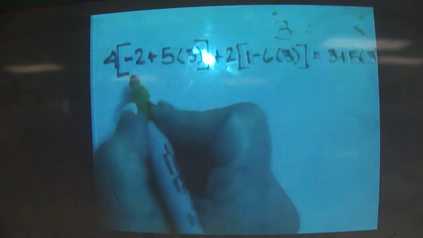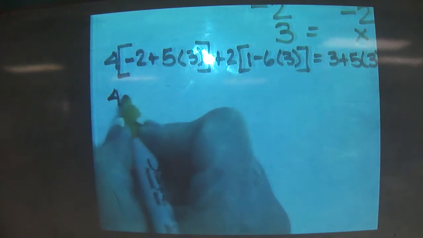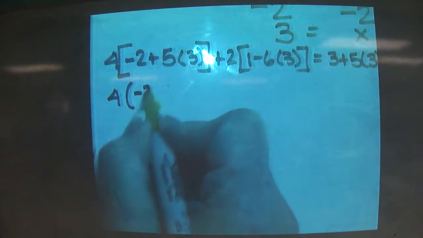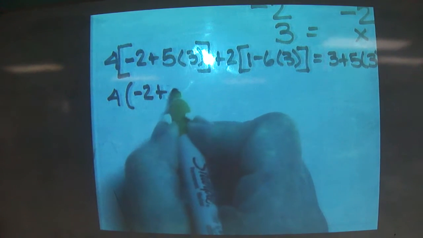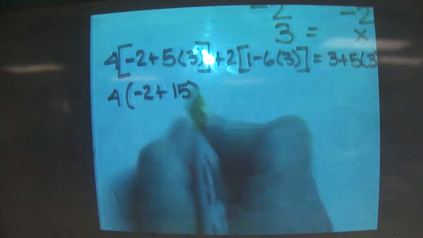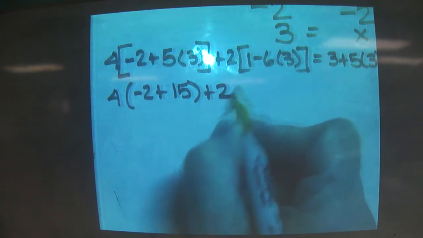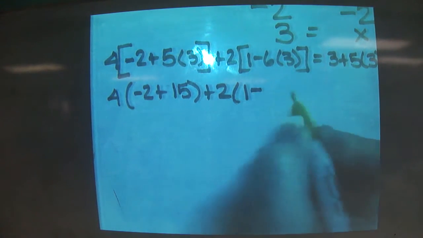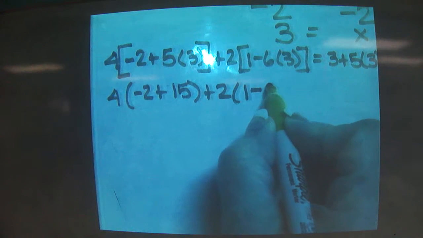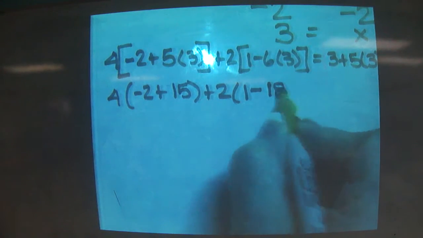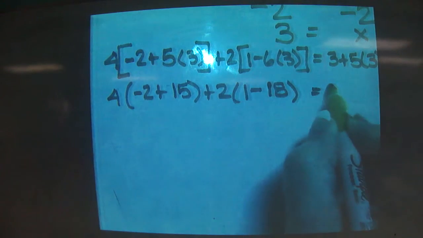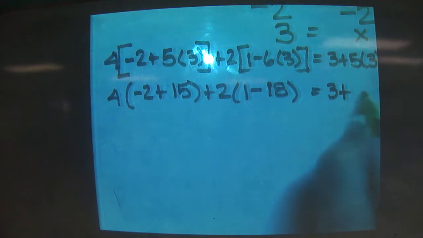So, 4 times -2 plus 5 times 3? 15. Plus 2 times 1 minus 6 times 3. This is the check. 18. Equals 3 plus 5 times 3? 15.